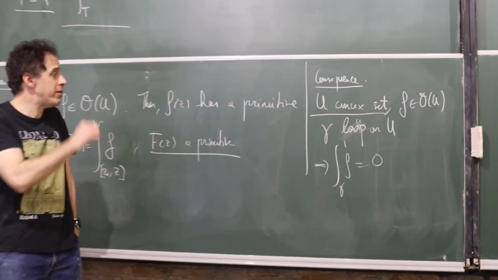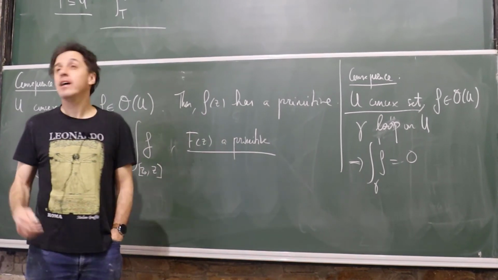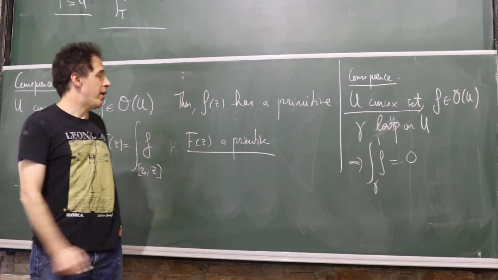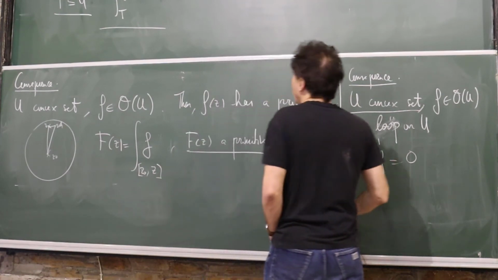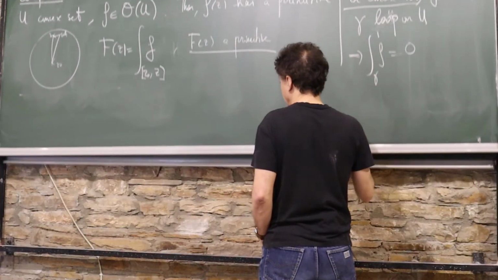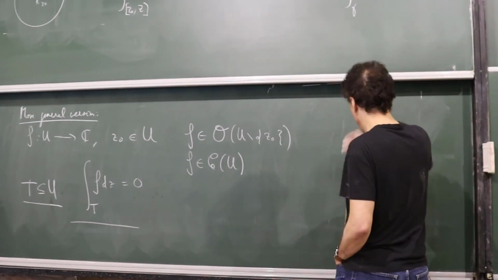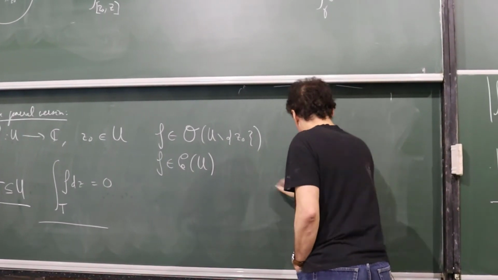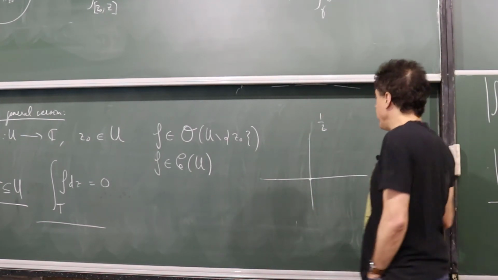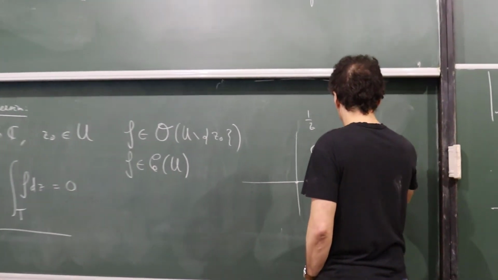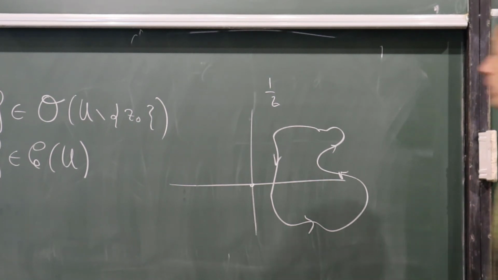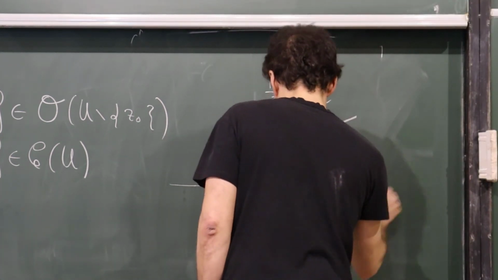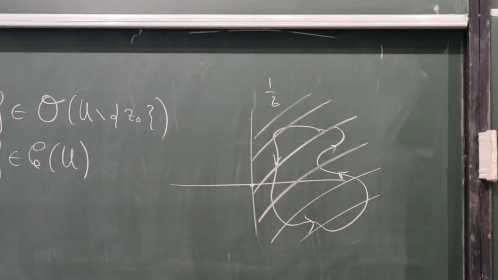The domain is C minus a point, we have a holomorphic function there, and we have found a loop around which the integral is not 0. But if we consider the same function 1 over z, defined everywhere except at the origin, and we take any loop in the right half plane, the integral would be 0, because here the set is convex.